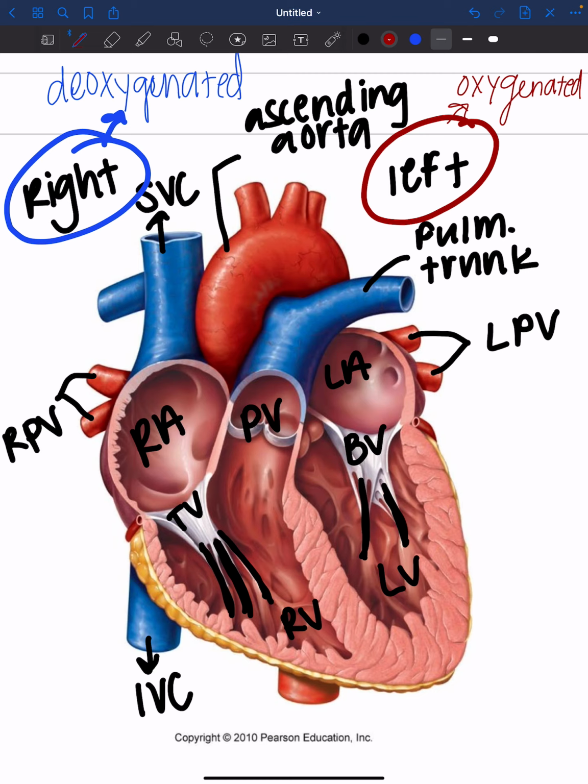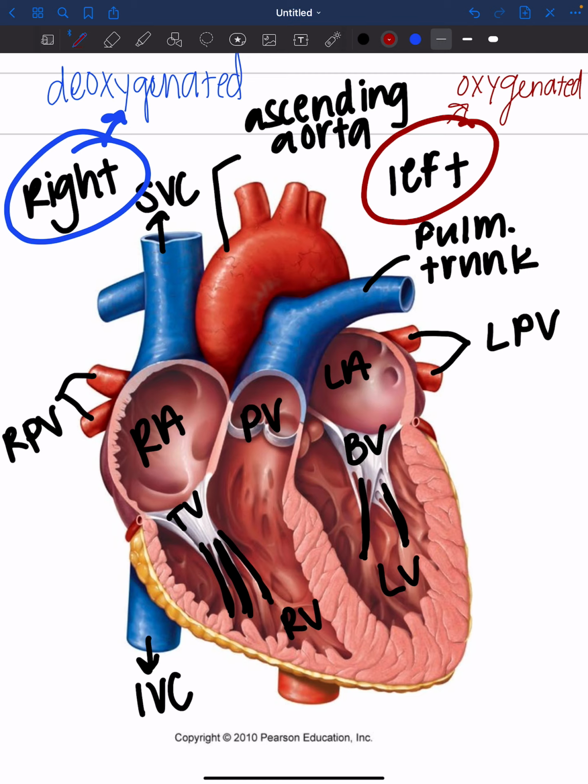Our systemic circuit, or systematic circuit, however you say it, is going to move blood between the heart and the rest of the body, okay? So it's kind of confusing, but remember that the right side is deoxygenated, it's pulmonary. Everything in the right side is going from the heart to the lungs. That is the pulmonary circuit.